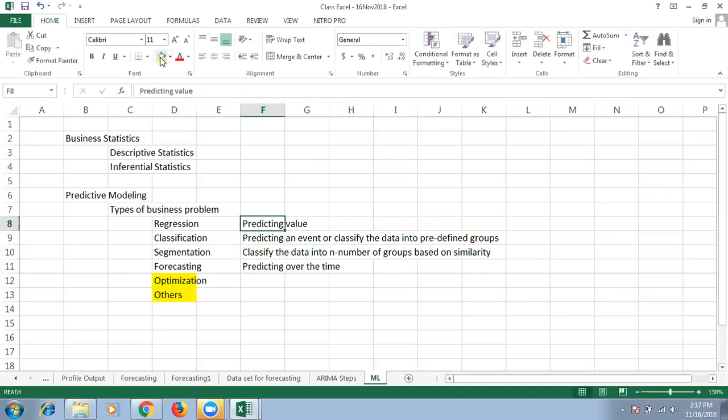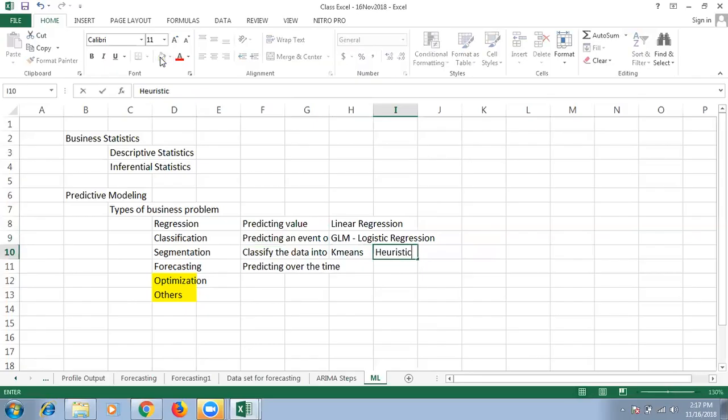Right? So this is the place we discussed linear regression, and this is the place we used a GLM. Specific technique is logistic regression. And here primarily we look at the k-means cluster analysis, of course, and we also discussed some heuristic approaches.